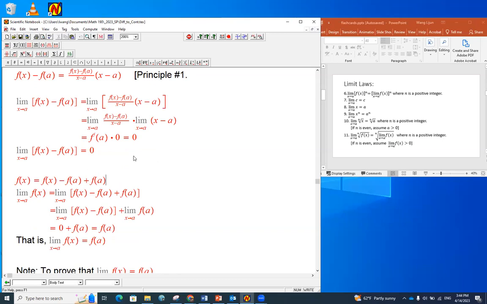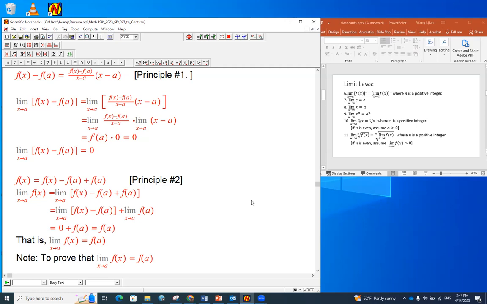And the second one, principle number two: anything added to 0 stays the same. You can see we use very basic algebraic self-evident truths.